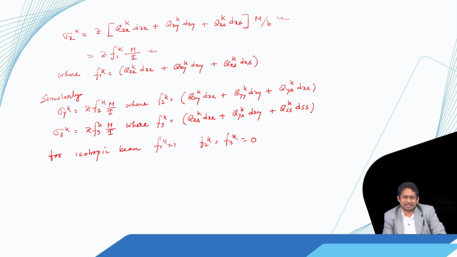So, that is why when we analyze an isotropic beam, we do not see any stresses in y direction, or any in-plane shear stresses. Okay. Now, let us go to the interlaminar shear stresses.